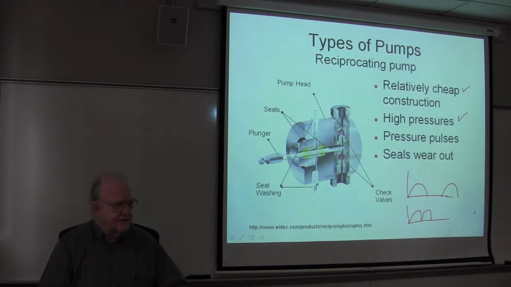And you can really do a good job of getting those pressure pulses down even at 400 bar. If you do it right, your pressure pulse may only be 3, 4, maybe 5 bar at 400 bar. That's less than a 1% pressure going up and down, and that's much more tolerable.